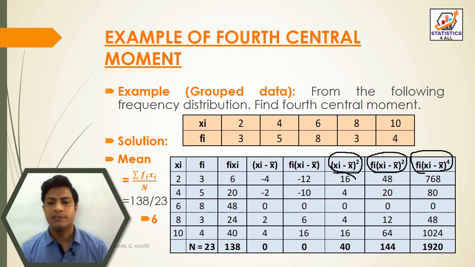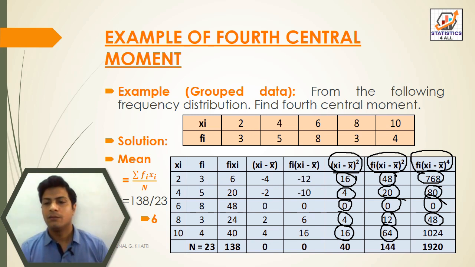So here 16 into 48, we get 768. 4 20s are 80. 0 into 0 is 0. 4 12s are 48. 16 64s are 1024.